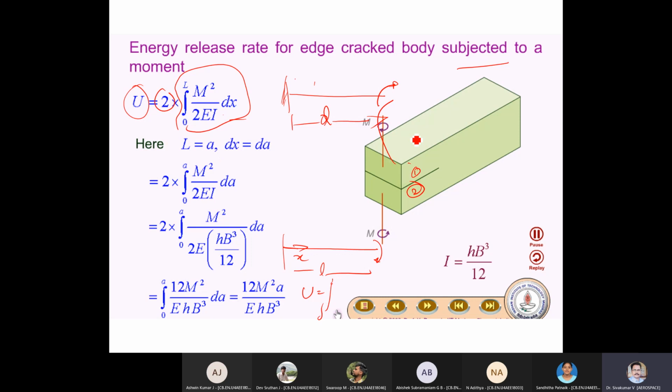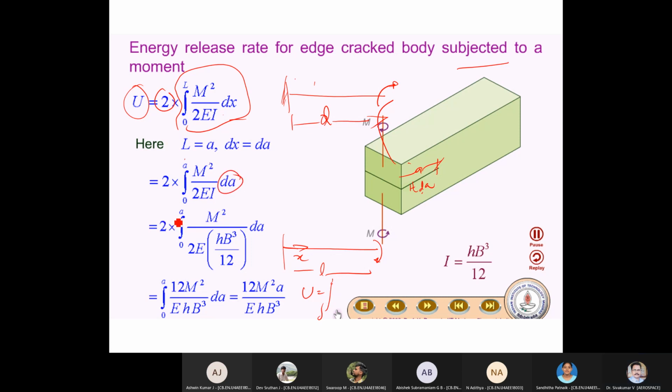Here, what is my L? Here the L is A, the crack length, and dx will become dA. So I simply look into this: the integral from 0 to A of M square by 2EI, with dA instead of dx.